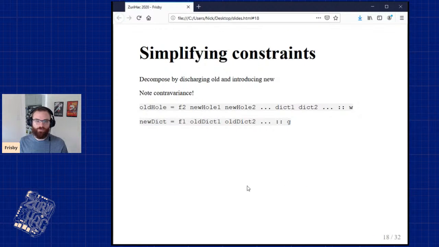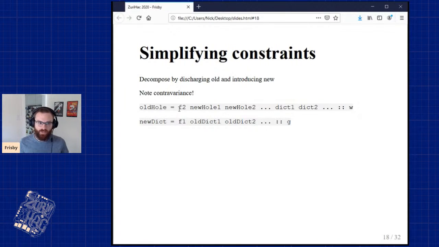What it means to simplify a given and simplify a wanted are similar but different. To simplify a wanted, we'd have some wanted like old hole, which might be the wanted for the Monoid IM constraint from our foo example.